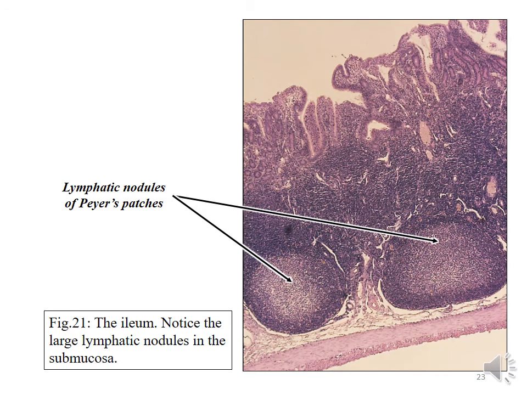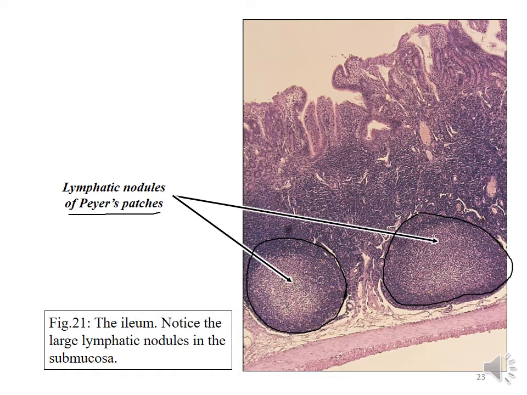The last part of the small intestine is the ileum. The characteristic feature of the ileum is that we have large lymphatic nodules in the submucosa, reaching deep down into the submucosa of the ileum. These are Peyer's patches.